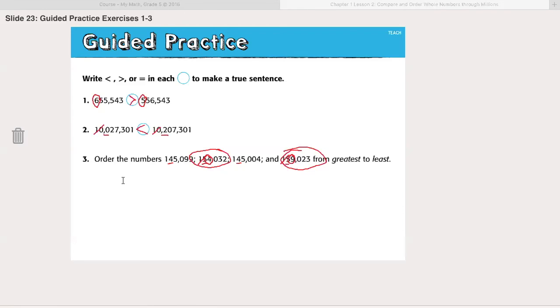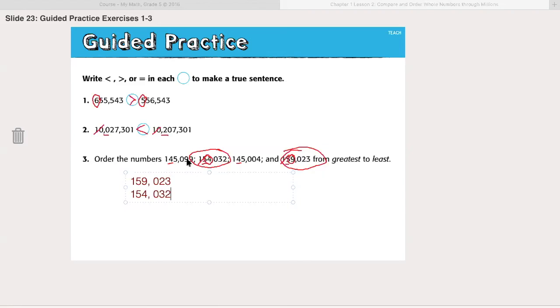The number then that is greatest is 159,023. The next biggest number is 154,032. Now I can take a look at the last two remaining numbers. Both of them begin with 145,000.